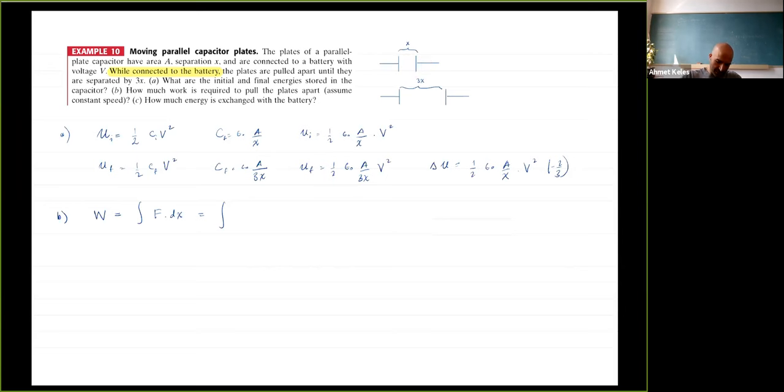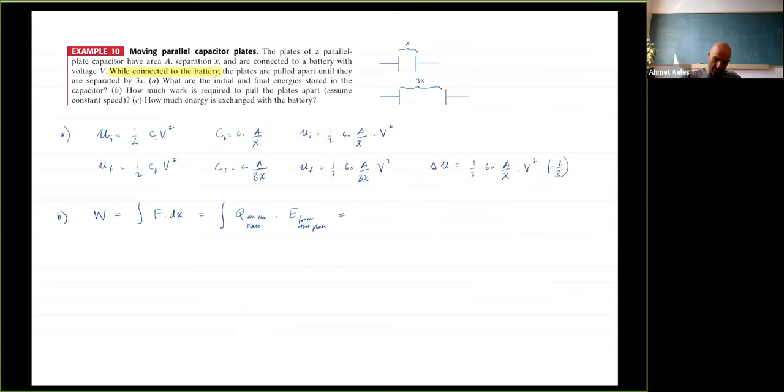So let's write it. So Q on the plate times electric field. I have to be careful because I only need to take the electric field coming from this plate. E from other plate. And I know how to do this.